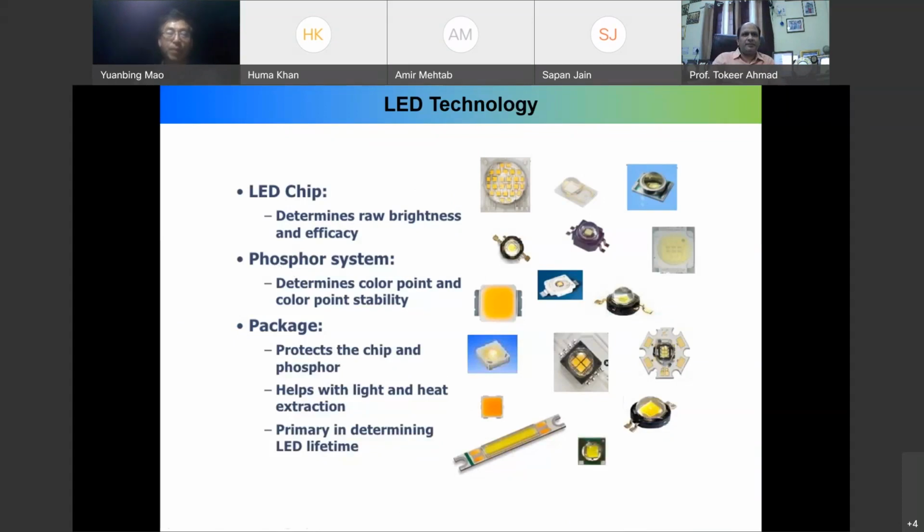So that's the three parts. Of course, the LED chips determine the raw brightness and the efficacy, and the phosphor determines the color point and the color point stability. And the package is used to protect the chip and the phosphor, and it helps with light and heat extraction. So the package has another function, helping the light and heat extraction.